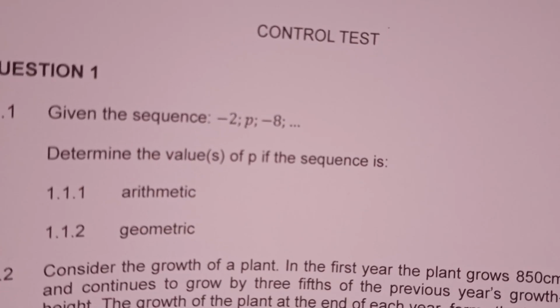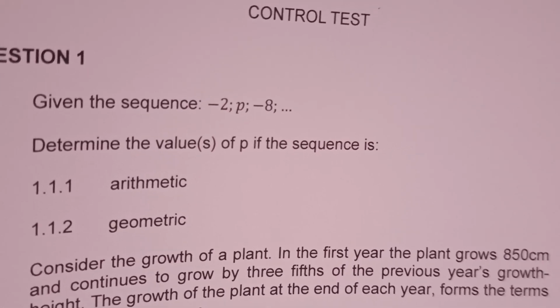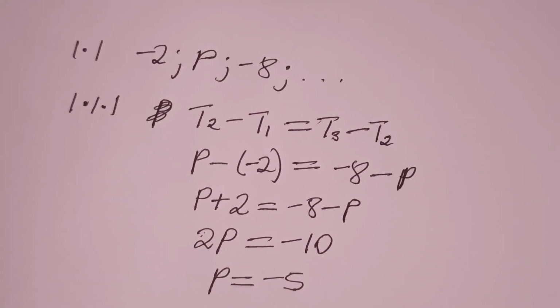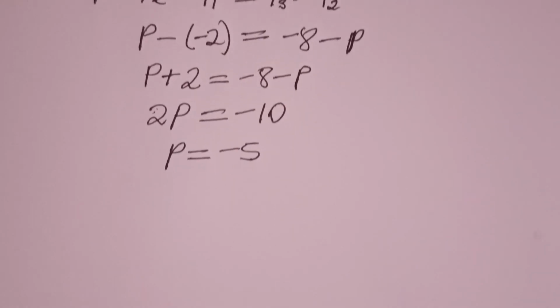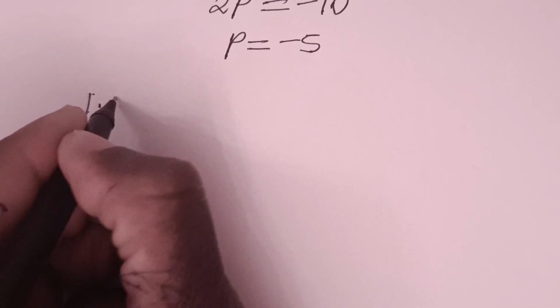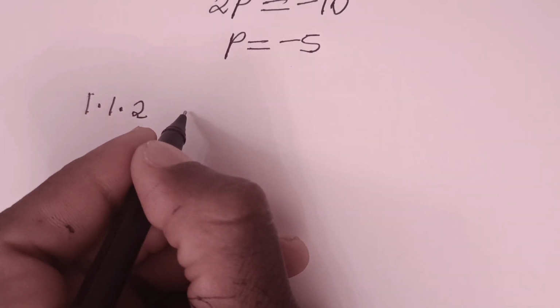1.1.2 says determine the value or values of p if the sequence is geometric. It's the same sequence: -2, p and -8. When the sequence is geometric, 1.1.2, what does that mean?